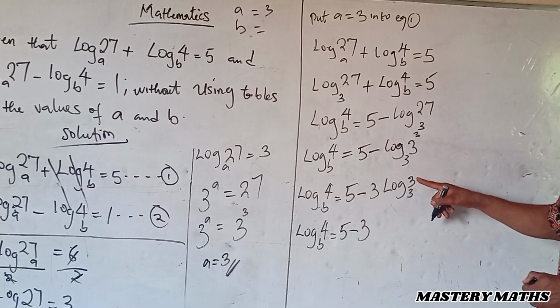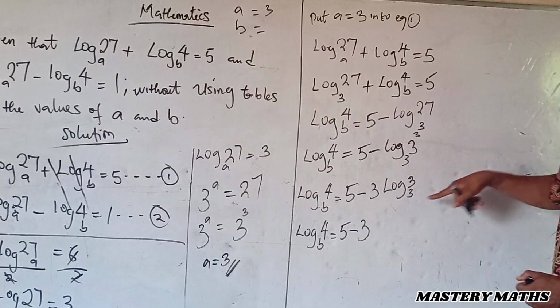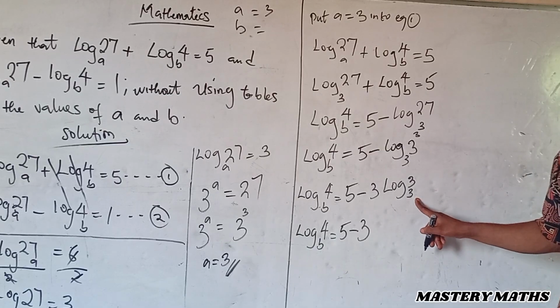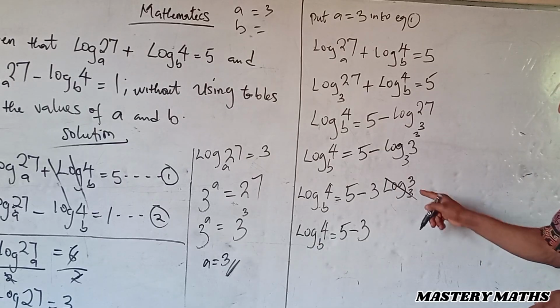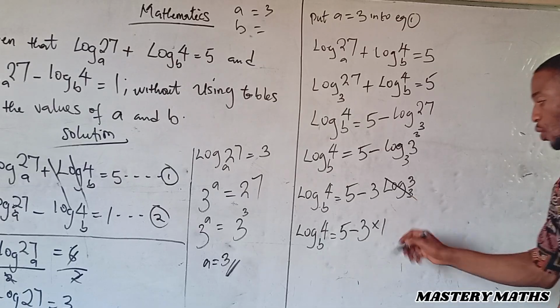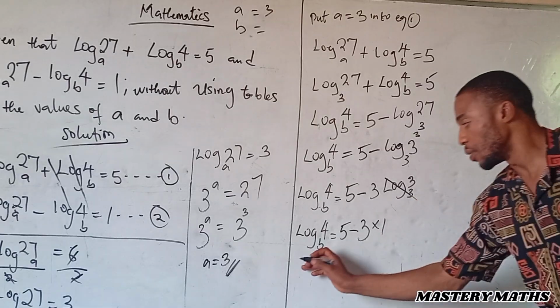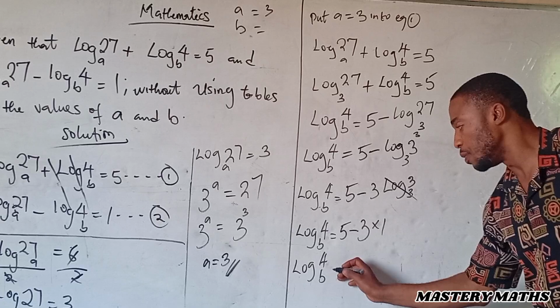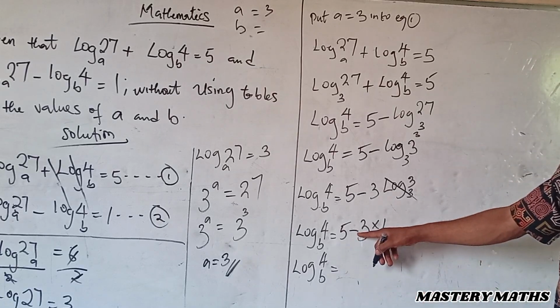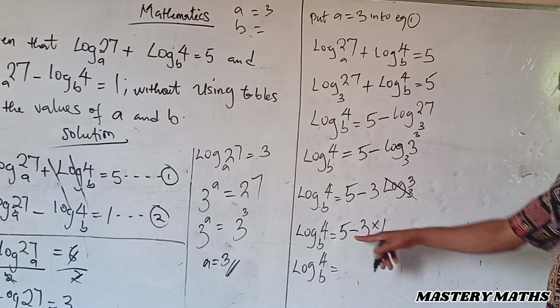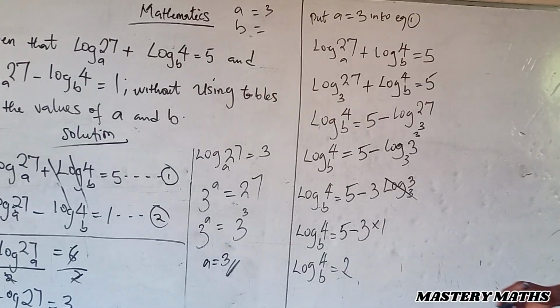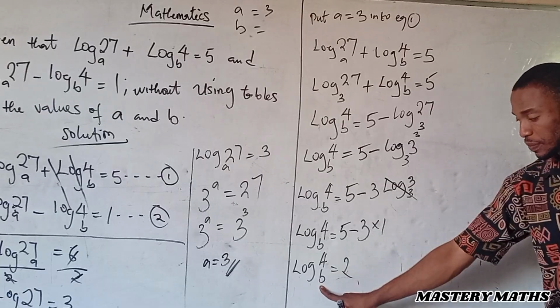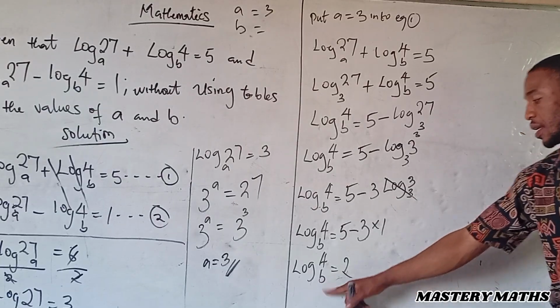Now log 3 to its base will give us 1, so this gives us times 1. So you have log 4 in base B is equal to 5 minus 3 times 1, which is 3. 5 minus 3 is 2. So we have log 4 base B equal to 2.